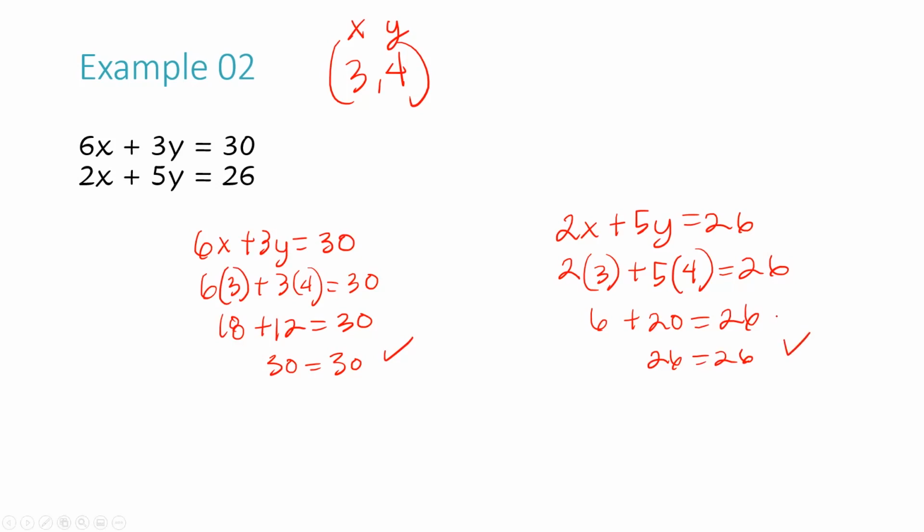So as you can see, both of these worked out correctly. If I would have plugged something in and it ended up not equaling at the end, if I didn't end up with something equals the exact same something, then I know I did something wrong, okay? Now, let's try a word problem.